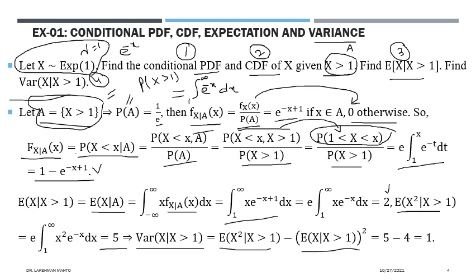What is the value of the second conditional moment? That is 5, we have already calculated. And what is the value of the first conditional moment? That is 2. So we square it, and our desired variance would be 5 minus 4, that means equal to 1. So we got all these values with respect to this exponentially distributed random variable with parameter 1. So we got all these conditional things.